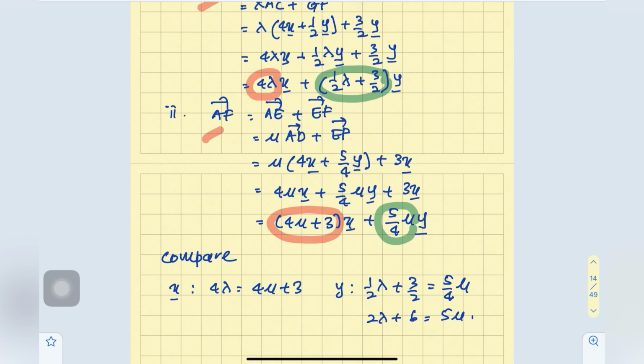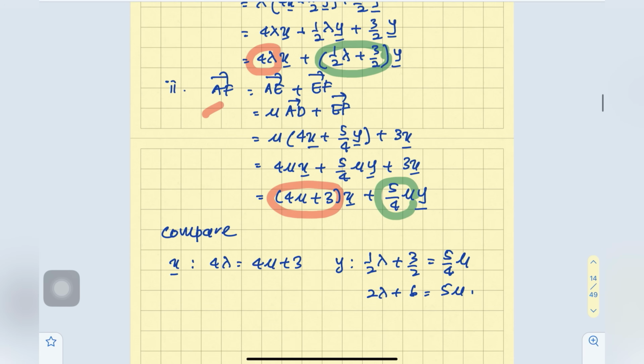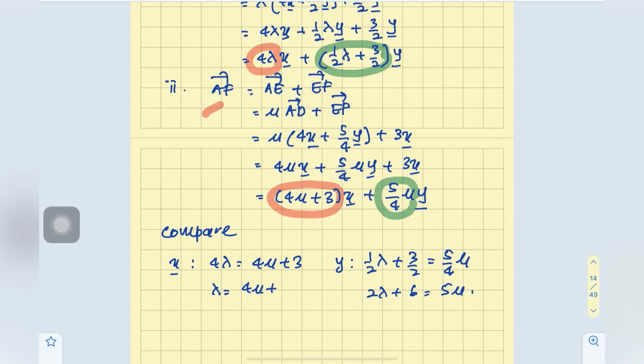Okay. So, then masukkan lambda from this one. From the first equation. So, lambda equals to 4 mu plus 3 over 4. So, ni equation 1, ni equation 2.